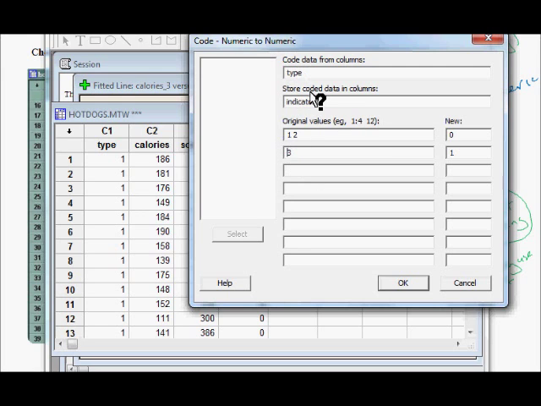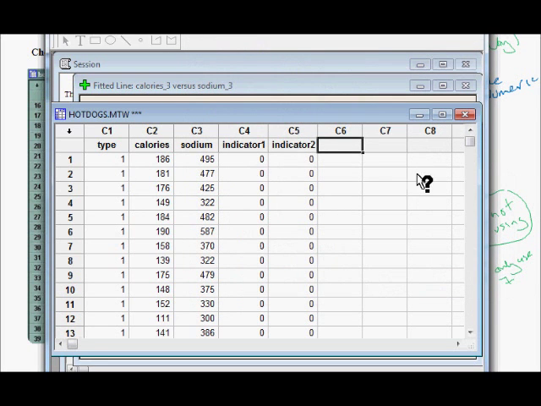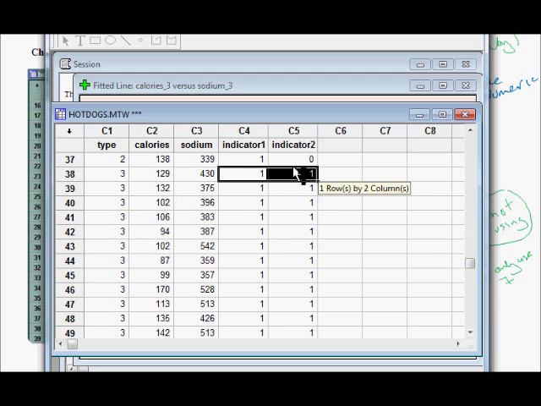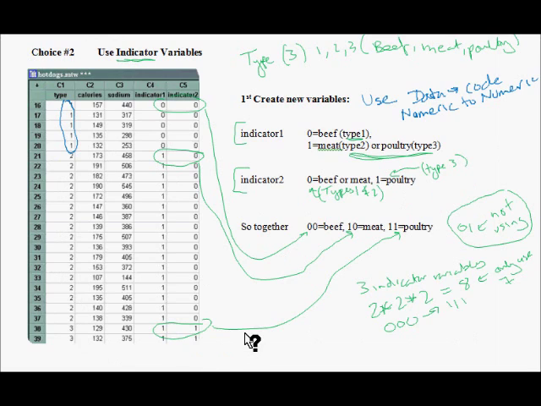And I just want to make sure I want indicator 2 here to put it in. Otherwise I'll lose my indicator 1. So in indicator 2, 1 and 2 are 0s, 3 are now 1s. So now 0, 0 indicates type 1, which was beef. 1, 0 indicates type 2, which was meat. And 1, 1 indicates type 3, which was poultry. So now I've got it set up like we had here on the handout.